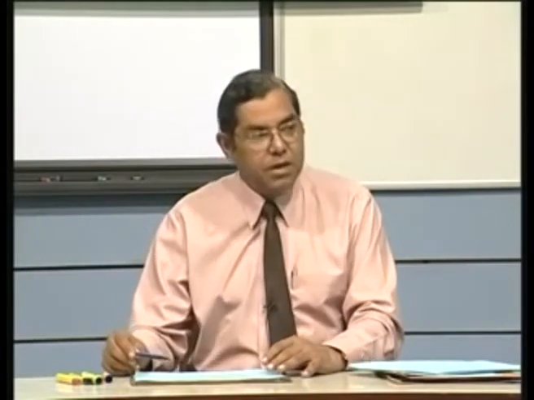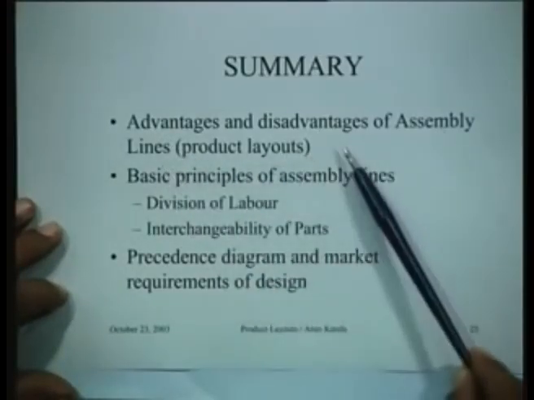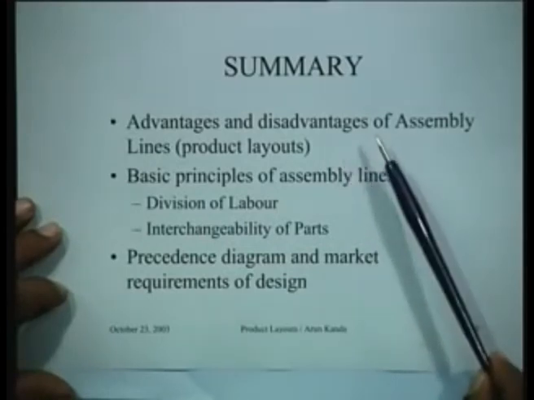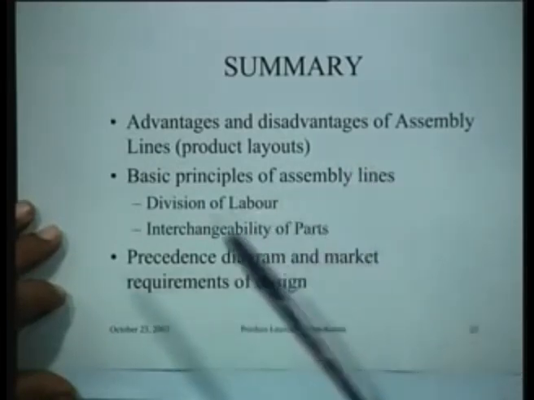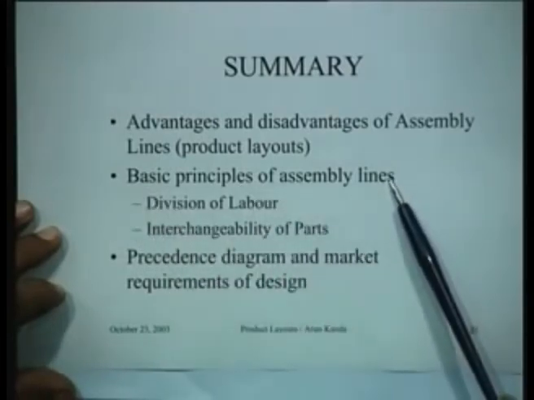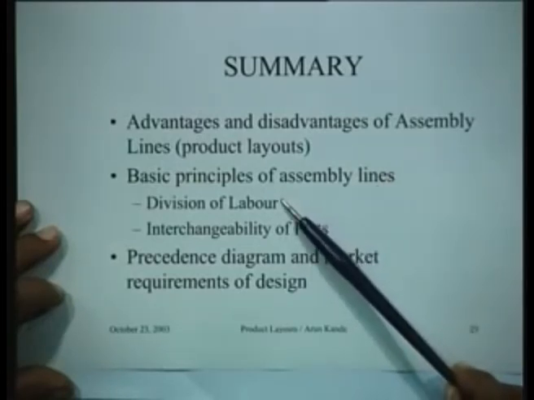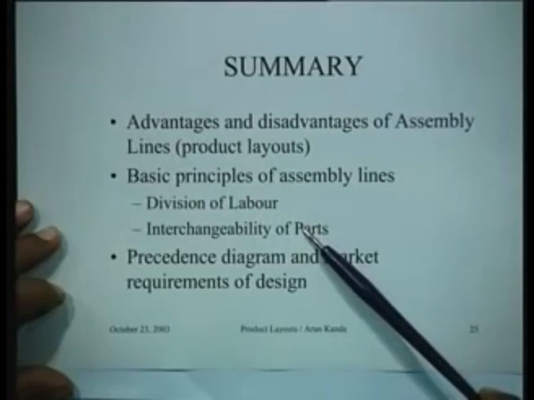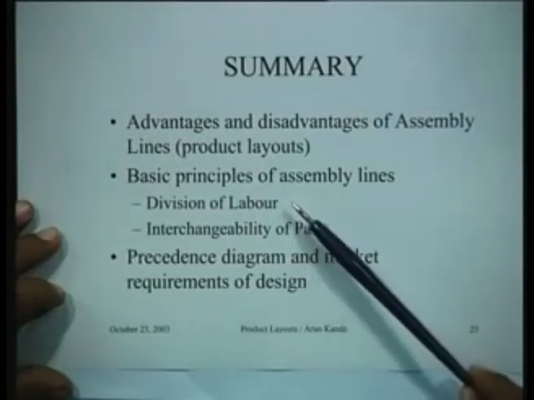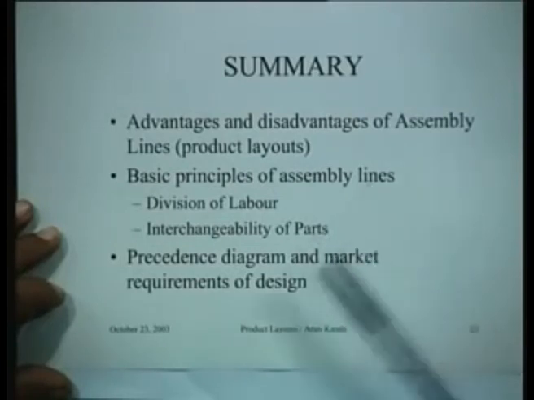Finally, let's try to summarize what we have done in this particular class. We have tried to look at the advantages and disadvantages of assembly lines or product layouts primarily. We have seen the basic principles involved in the design of assembly lines, things like division of labor and interchangeability of parts, which were contributions by Adam Smith and by Eli Whitney, which help us operate the assembly line.